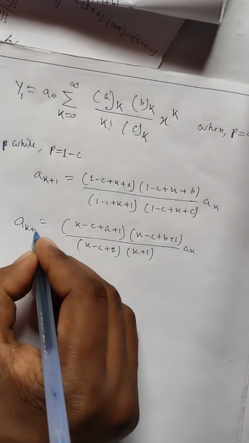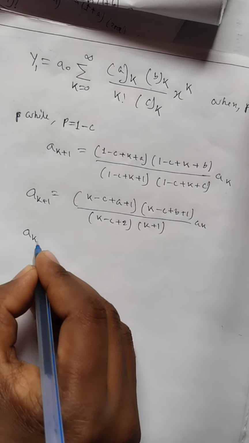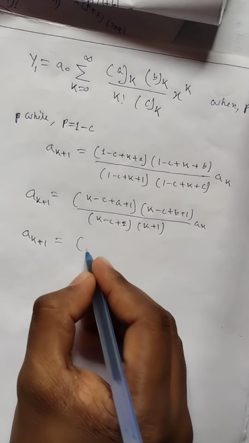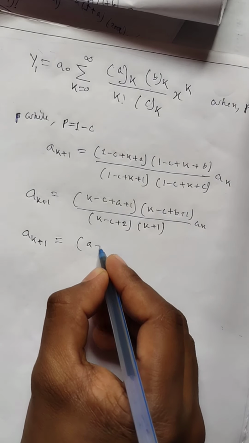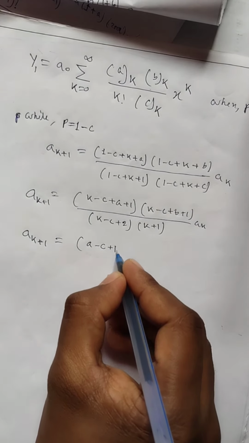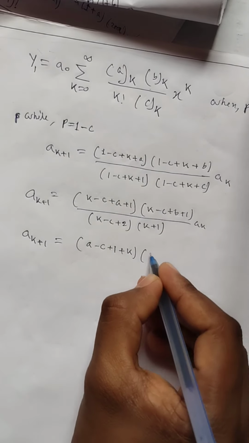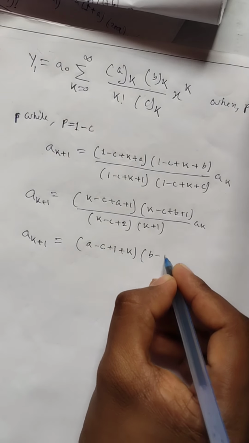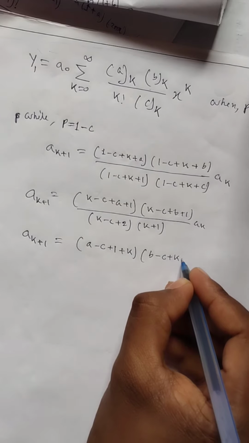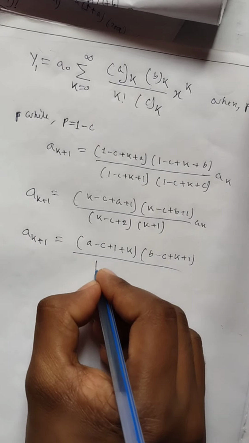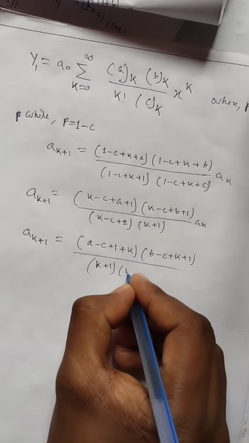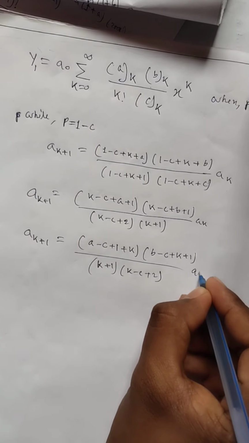This is a, so a minus c plus 1 plus k and b minus c plus k plus 1 divided by k plus 1 into k minus c plus 2 into ak.